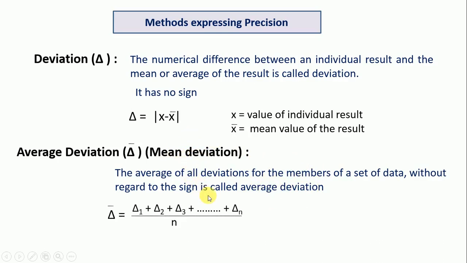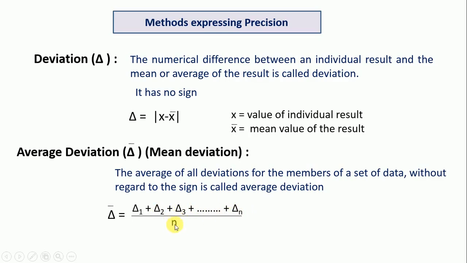See the formula. This is the symbol for average deviation. Delta bar is equal to delta 1 plus delta 2 plus delta 3 and so on up to delta n, divided by n.